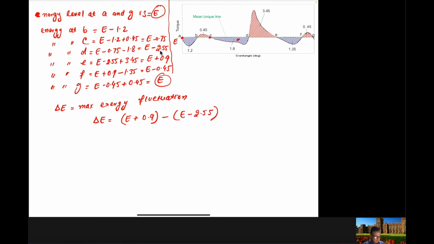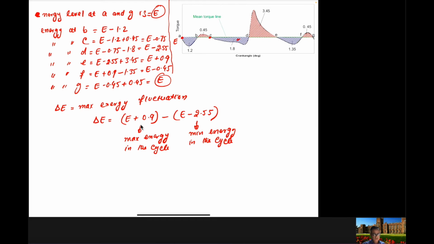So this is the maximum energy in this cycle, and this is the minimum energy in the cycle.